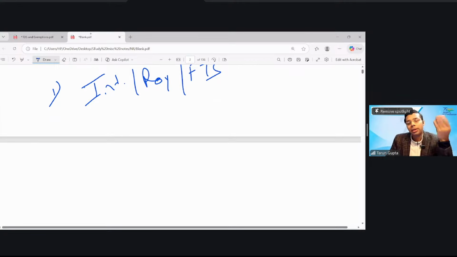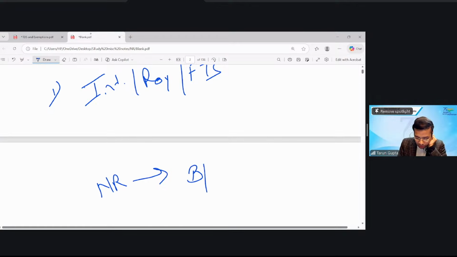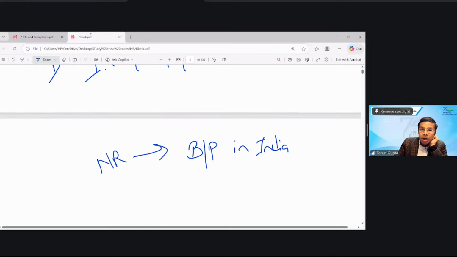We discussed if the payer is government, then they accrue or arise in India. If the payer is resident, one of the points was if the payer is non-resident, then they are taxable if they are utilized in the business or profession in India. Or in case of royalty and FTS, if they are utilized for earning any income from any source in India.